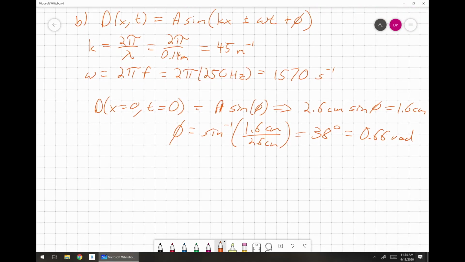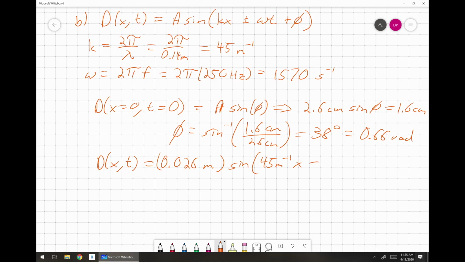And then once we have all of the appropriate values, it's just writing down the equation. So we can write this as 0.026 meters times the sine of our k, 45 meters to the minus 1 times x. And then, if we are moving, I think it said the left-hand end up and down, then our wave is going to be traveling to the right.